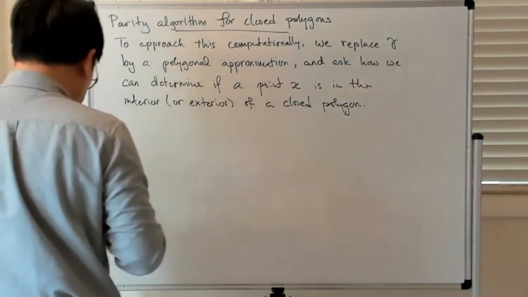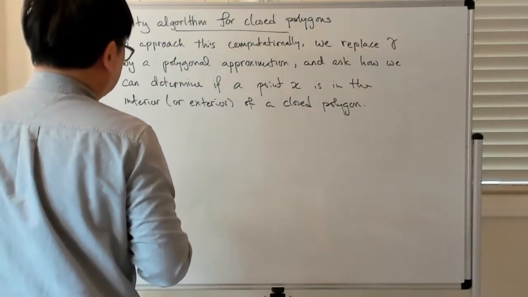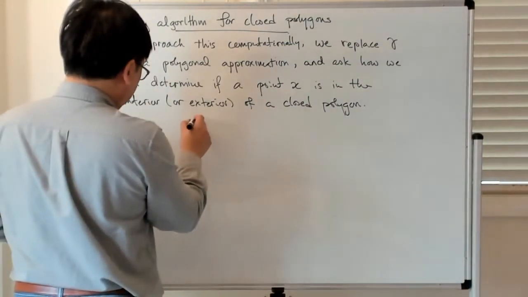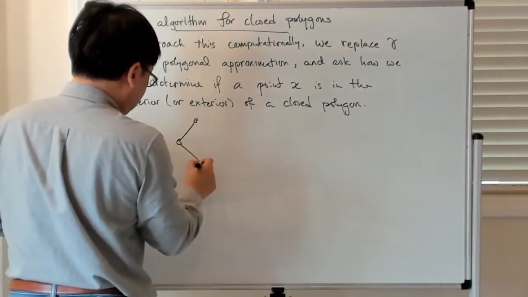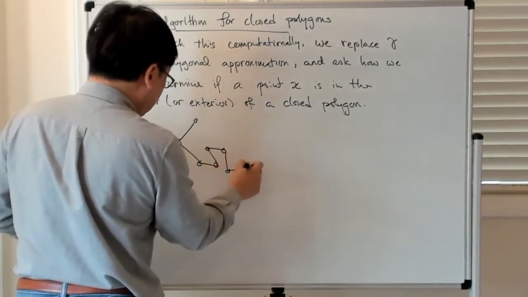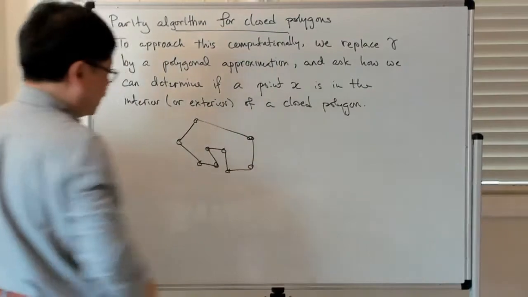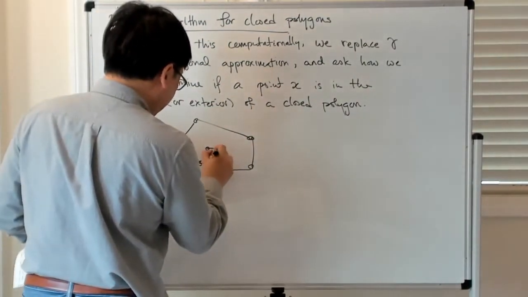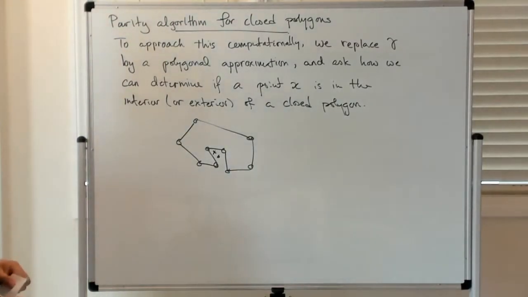Okay. All right. So the basic idea, the parity algorithm, is the following. Imagine you have this kind of polygonal domain, so a closed polygon. Say I have a point here, x, and I want to tell whether I'm in the interior or exterior of this.